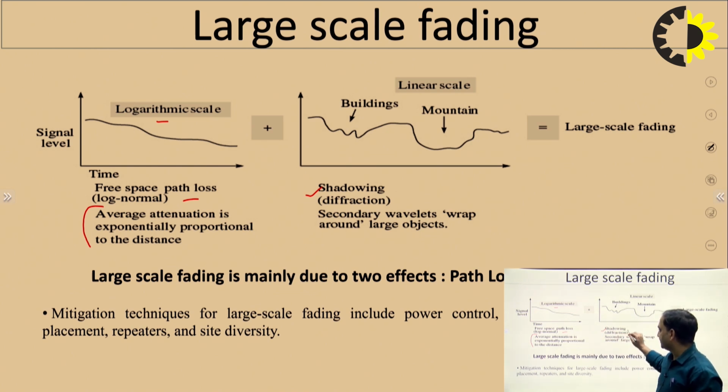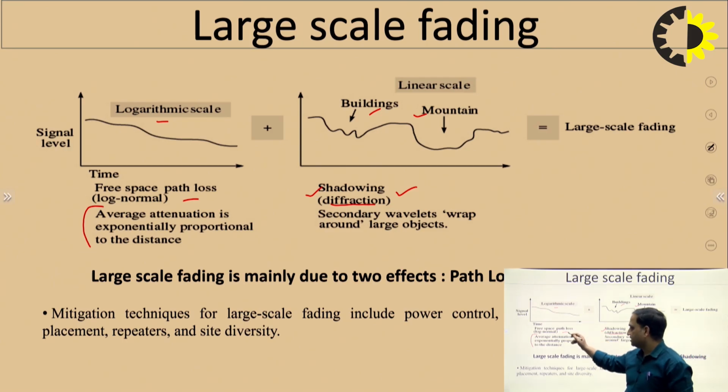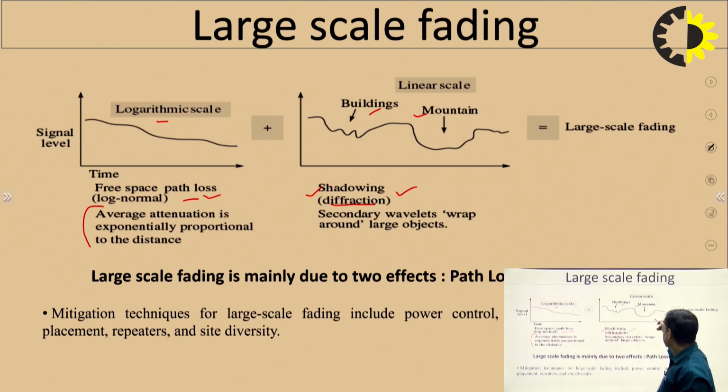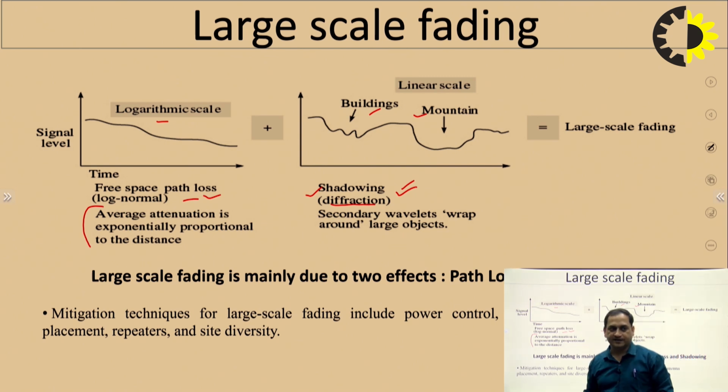This shadowing effect occurs because of large buildings or mountains, and this type of large scale fading is called shadowing. It occurs due to the diffraction of the signals through, or scattered from, the different buildings or mountains. When we combine these two effects, the path loss in free space and the shadowing, we call it the large scale fading.